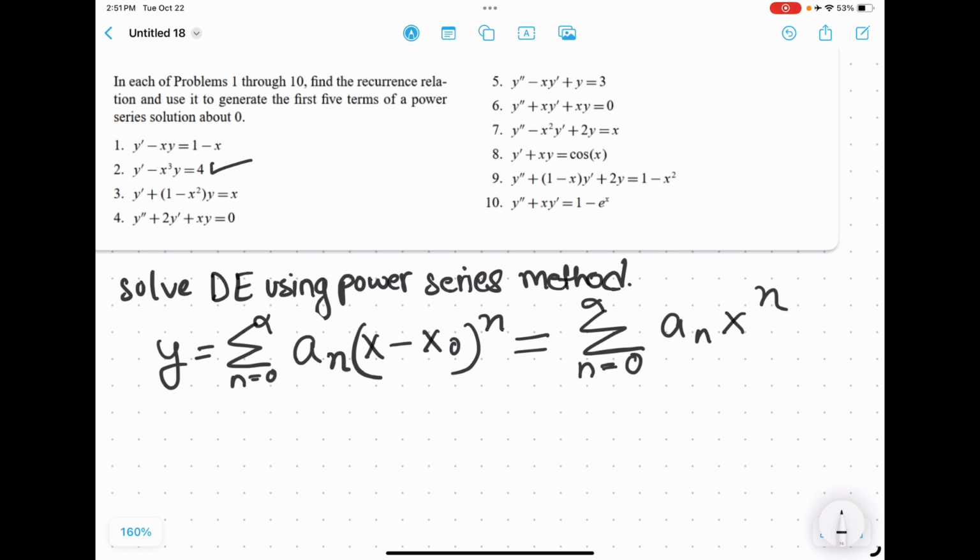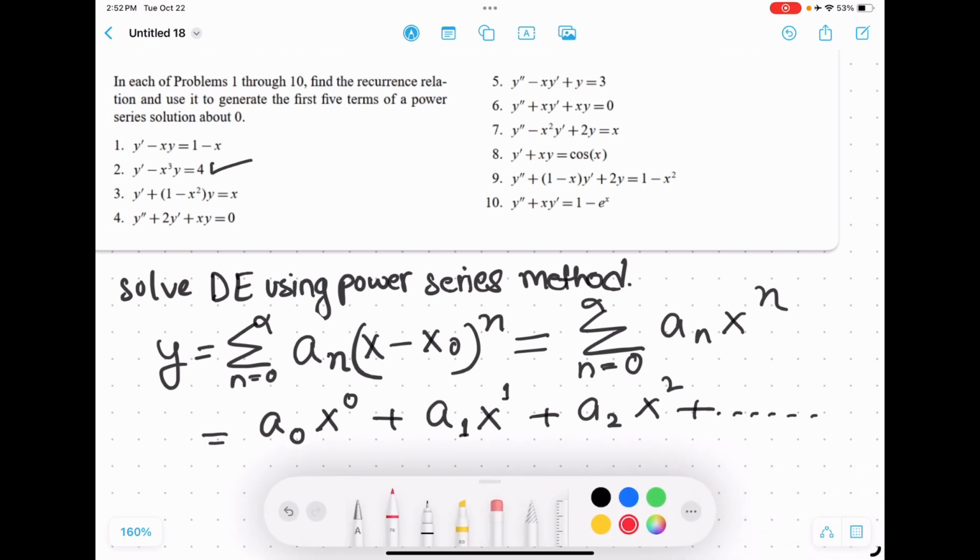When we expand, we get a sub 0 x to the power 0, plus a sub 1 x to the power 1, plus a sub 2 x to the power 2, and so on.